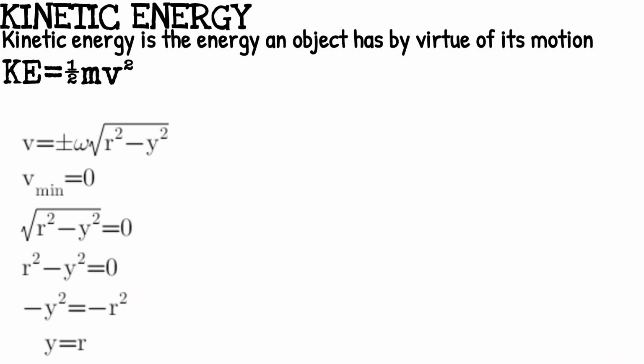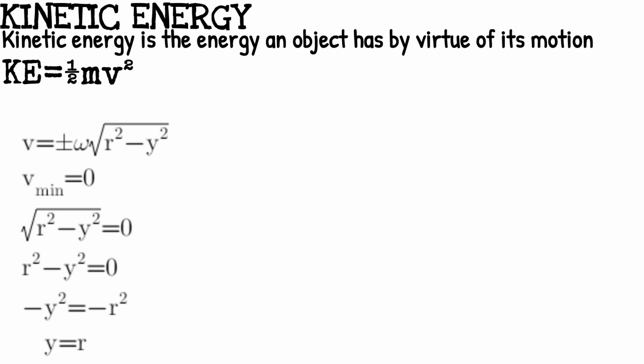Now, I need a particular value of y because it's y that is changing. Our r is constant. The maximum displacement is always constant. It is the y, the displacement at a particular time, that is changing. So I need my y. I have minus y square. I'm taking the r square over to the other side, equal to minus r square. Of course, the negatives cancel themselves out. So y square is equal to r square.